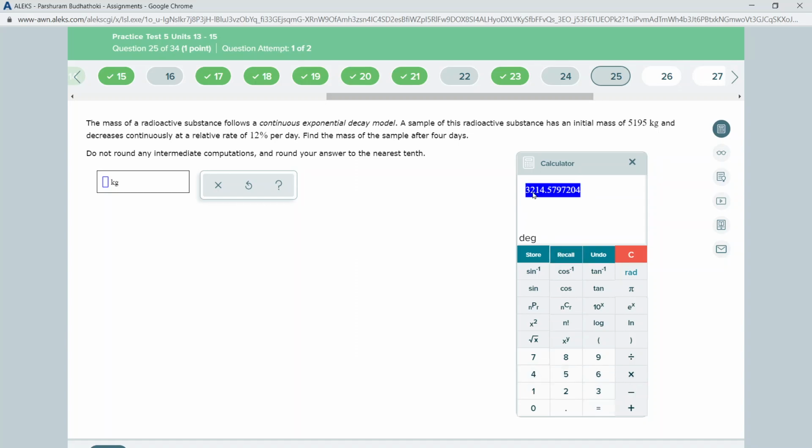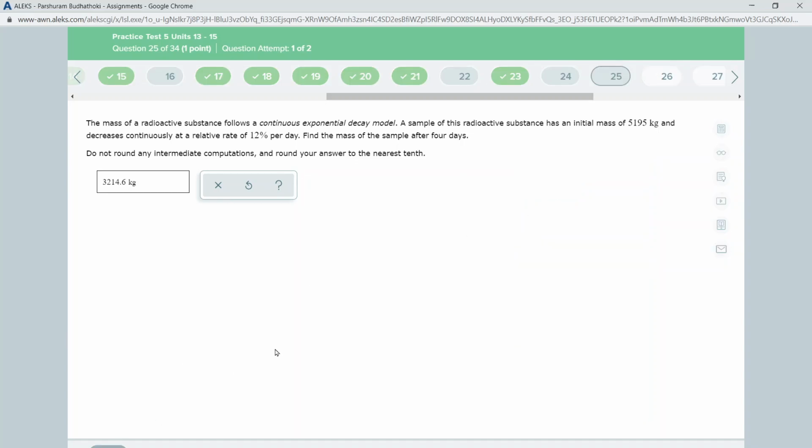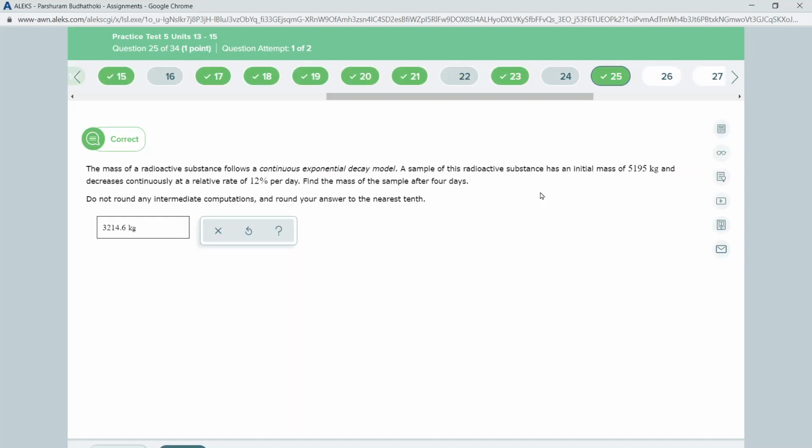So after 4 days, we will have 3,214.6 kilograms, rounded to the nearest tenth, because after the 5 there is a 7, so you round up to 6. You see that at the beginning we have 5195 kg, and it decreases because we are using the decay model.